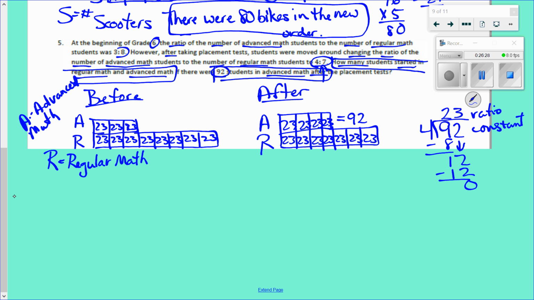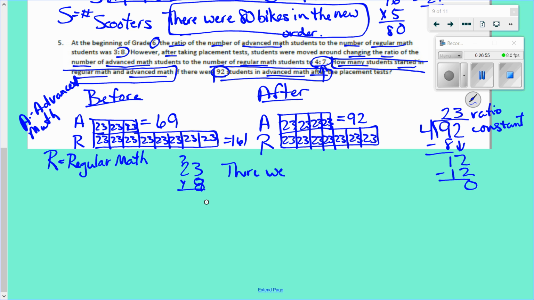So 23 times 6, or times 3, sorry, gives me 69. 23 times 7 gives me 161. So there were 23 times 7, right? 8. Oh, it is 8.